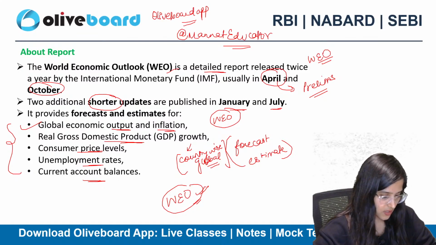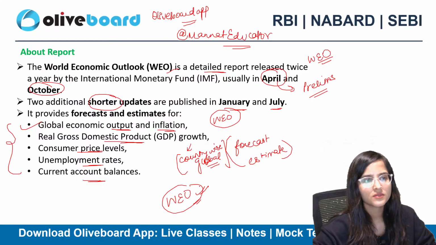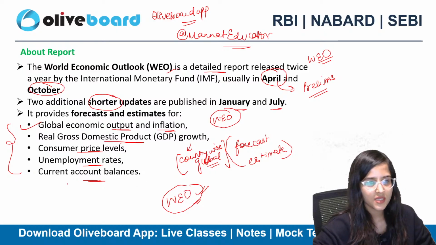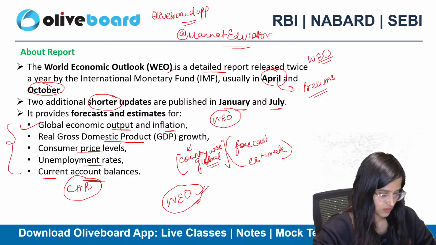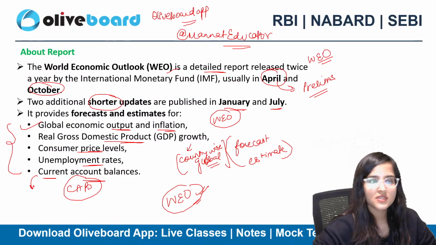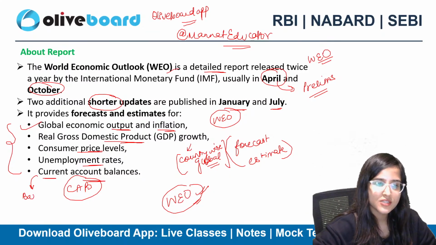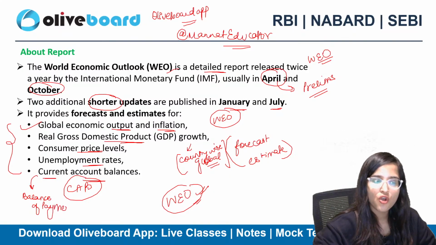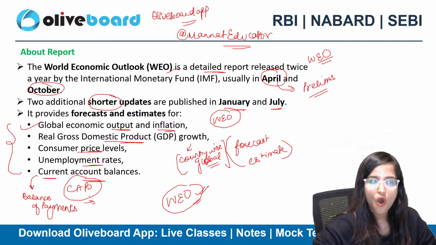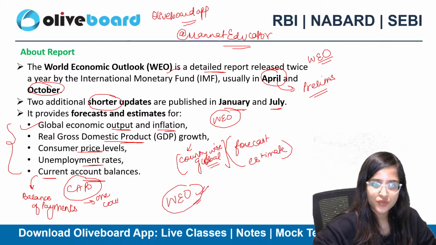What are you asking, Kaustav? CAB? Current account balance. Are you asking about that? See, current account balance is what you study under balance of payments. What is balance of payments? Balance of payments records the transactions of one country with the rest of the world.